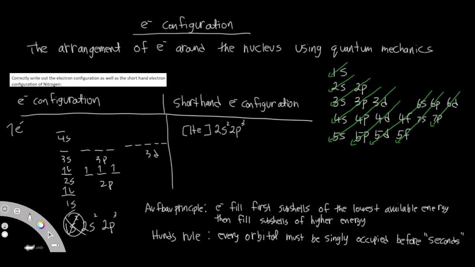Now there's also one more quick rule that I want to show you that I didn't explain yet. It is the Pauli exclusion principle. The Pauli exclusion principle just means that no more than 2 electrons can occupy the same orbital.